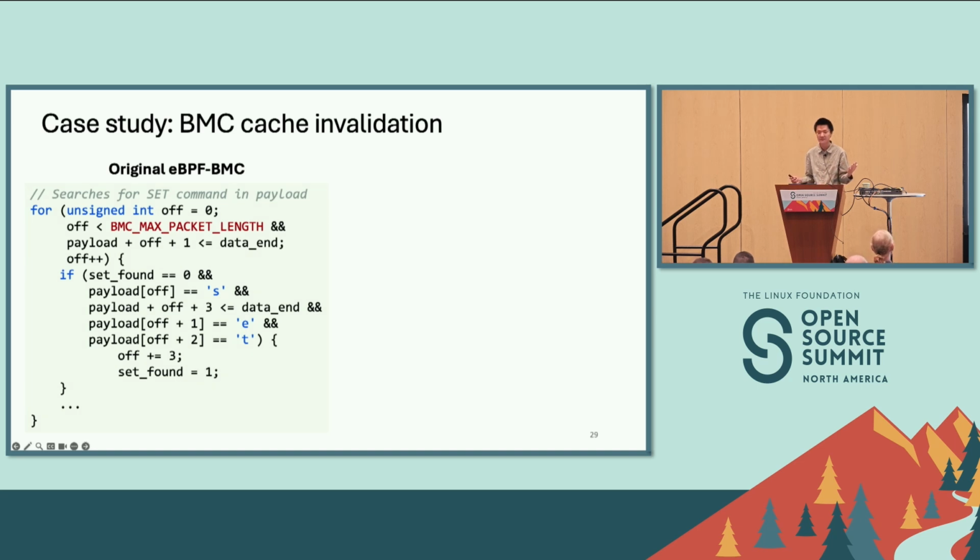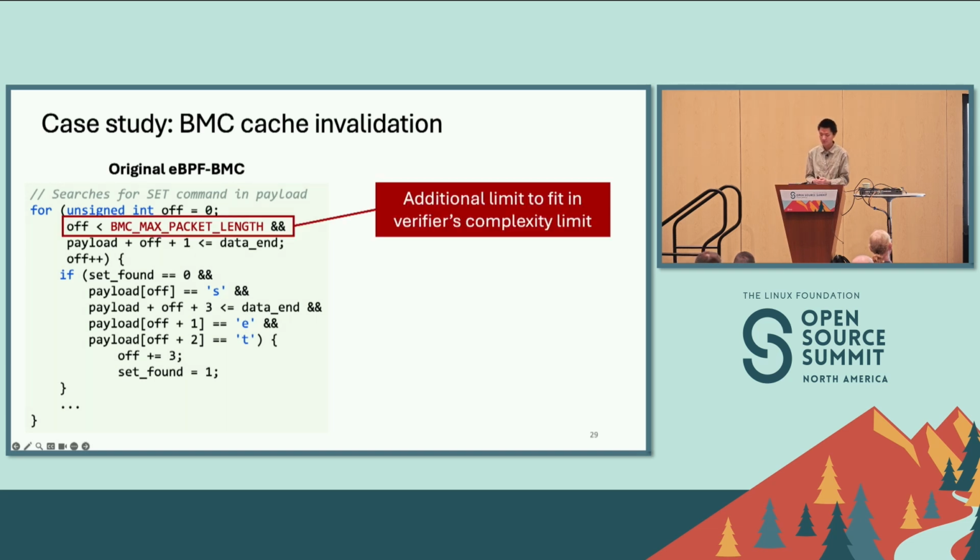So here, the snippet is a part of the BMC's cache invalidation code, which searches for a set command, or rather a bunch of set commands, inside the payload. There are several things to notice.